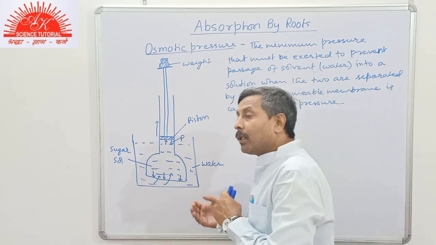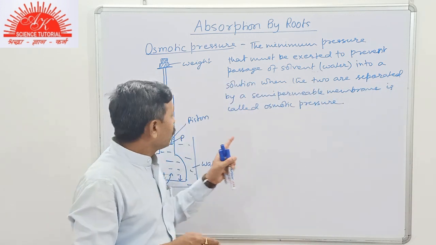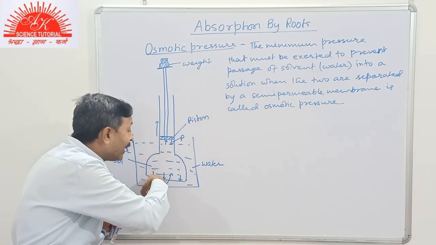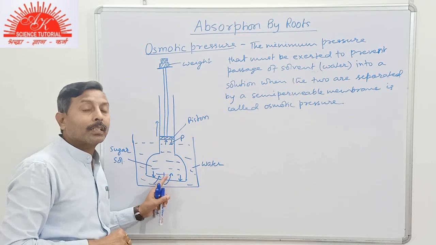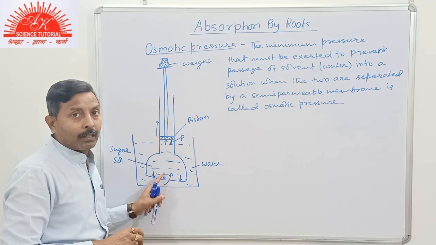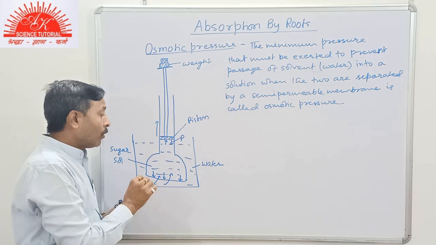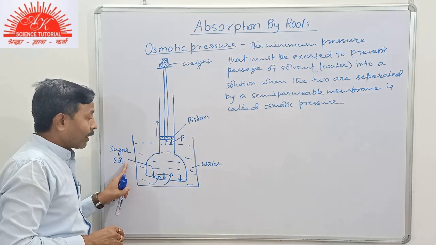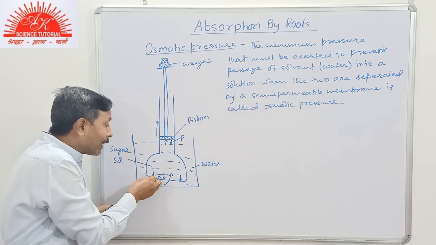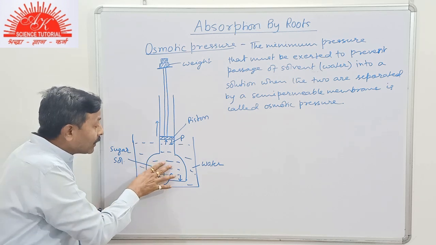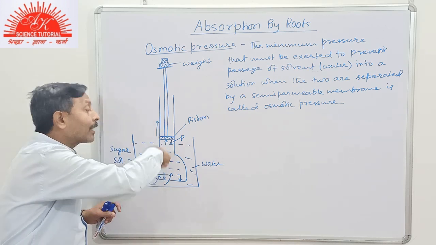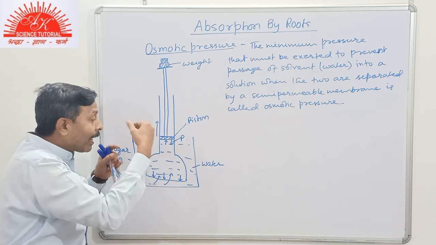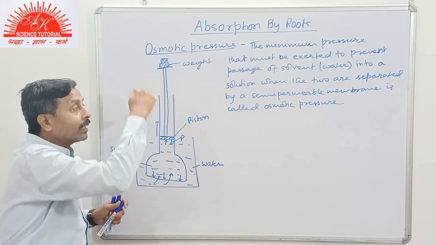In simple terms, we can say that the osmotic pressure of a solution is the tendency to take in water across the semi-permeable membrane. This is called osmotic pressure. Now if the concentration of the solution is less, suppose a 20% sugar solution, then it can take only a little water. Suppose it is 80% concentrated, it can take more water. So if the passage of water is faster at a higher level, then more pressure is required.